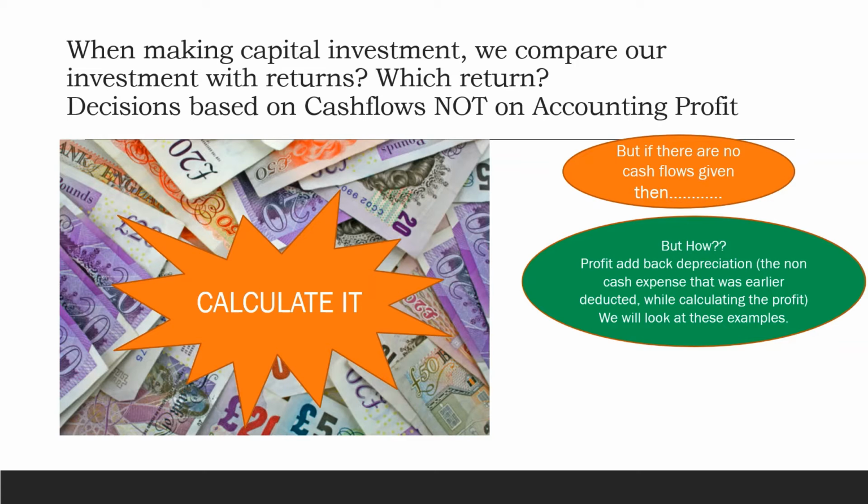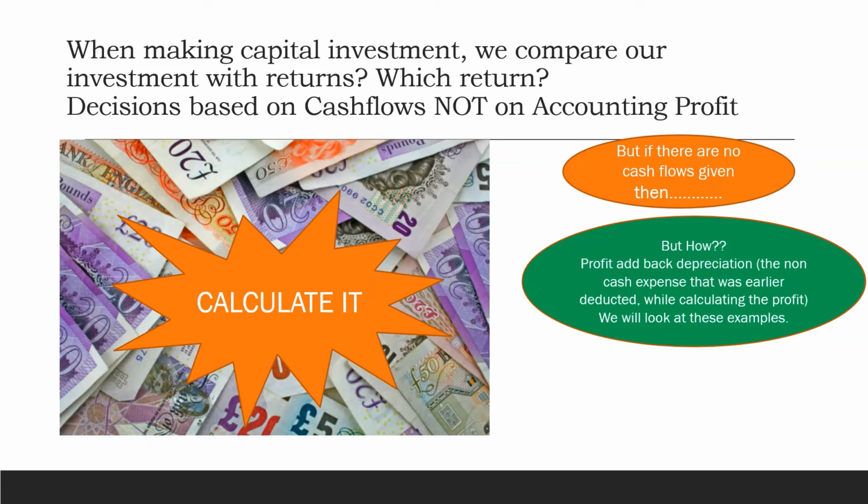You have to just add back the depreciation. You remember that when you are doing your financial accounting questions and you're preparing your financial statement, particularly income statement, you have deducted depreciation. So profit was calculated after deducting depreciation. And in our seminar 2, we have discussed in length what depreciation is, and depreciation is a non-cash expense.